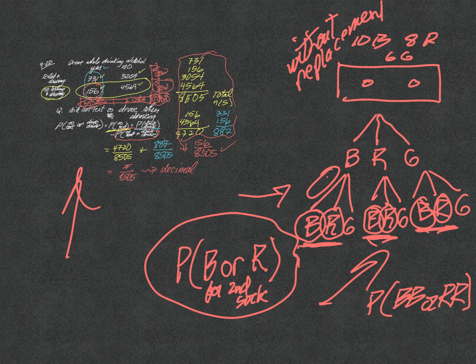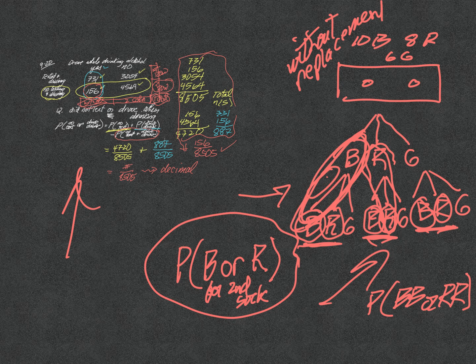Then a pair of blue socks is that branch, blue, blue, and a pair of red socks is this branch, red, red. And so you would then follow the OR probability rule and write out the probabilities based on your tree diagram. Okay.